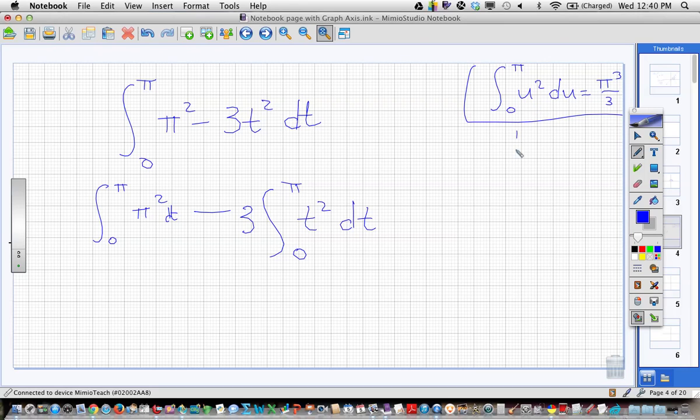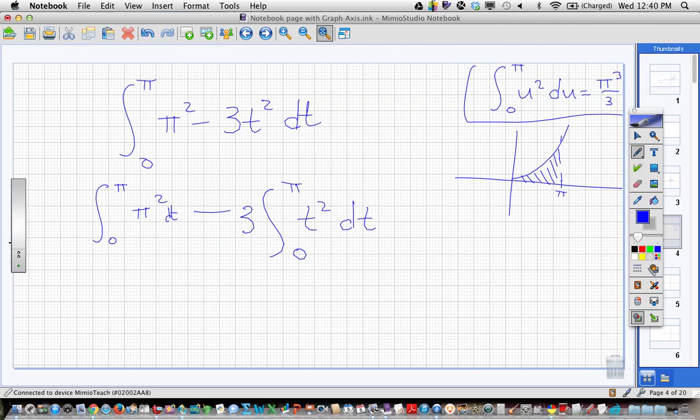So what they're telling me is that if I took a parabola and went from 0 to pi, like so, this piece of area right here would be pi cubed over 3. We don't know that area because we can't use geometry. We can approximate it and see that their answer is reasonable, but we don't know how they get this. We will in a few days. But right now, we can't use geometry because of that curve, right? So they're just telling us that.